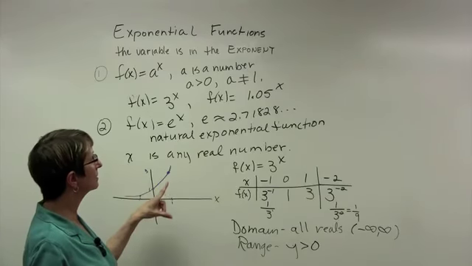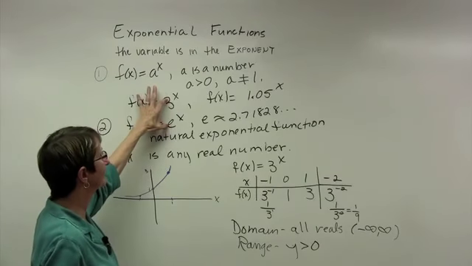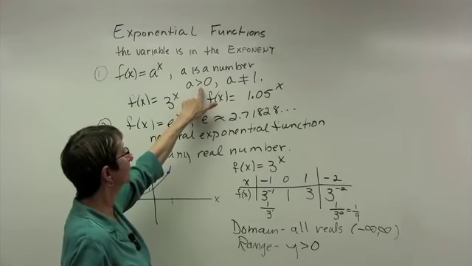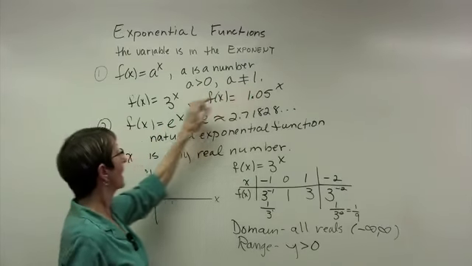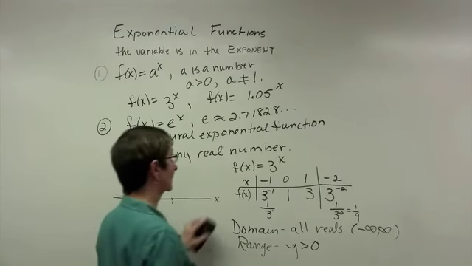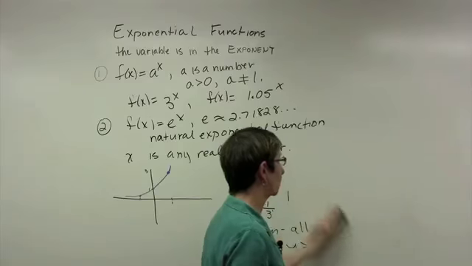But what about if my base is between 0 and 1? Here I said a is positive, but a is not 1, and I picked two numbers that are bigger than 1. Suppose we look at f of x equal to 1/3 to the x.